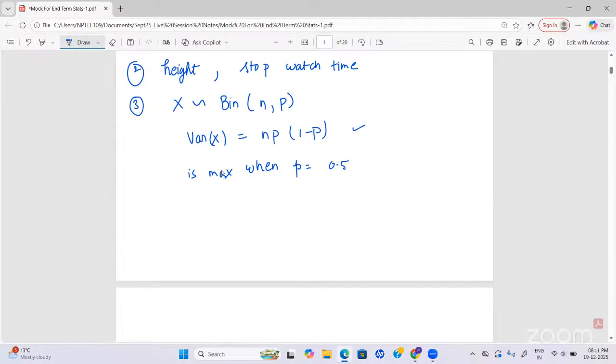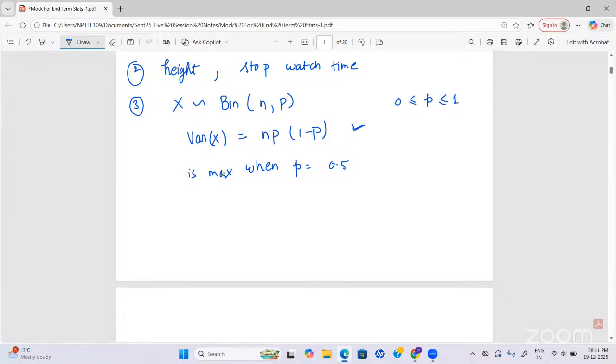If you want to test this, you can take any other value of p. So p lies between 0 and 1, since p is a probability. Try any other value of p and see on which value you get the maximum value of variance. You will observe that for p equal to 0.5, this value is maximum.